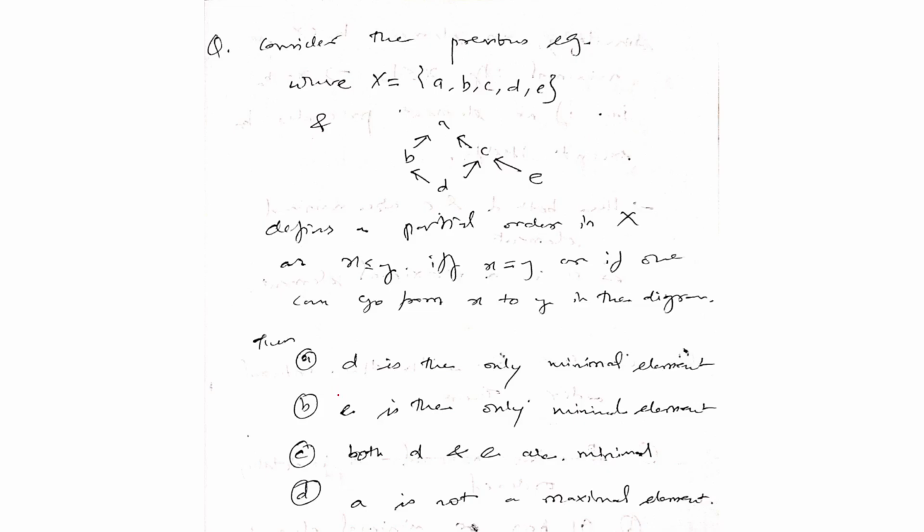The options are: A, D is the only minimal element; B, E is the only minimal element; C, both D and E are minimal; or D, A is not a maximal element. So which of these options is correct? In the same question, same poset, it is a poset, so try to find the minimal and maximal element.